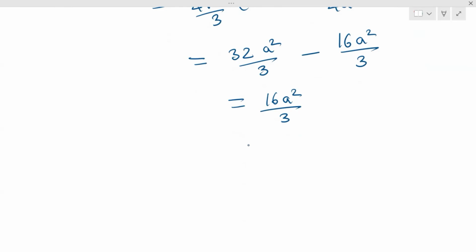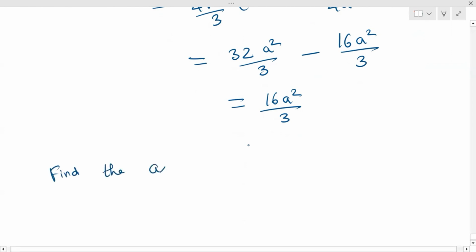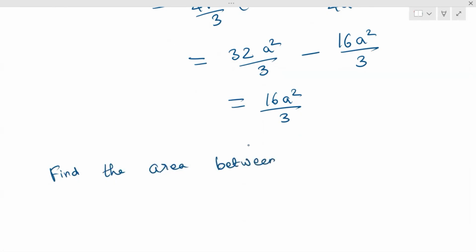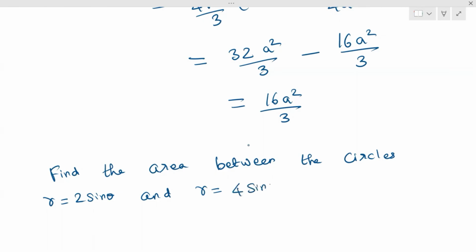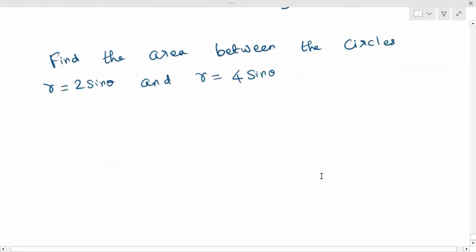So now we do the problem using polar coordinates. Find the area between the circles r equal to 2 sin theta and r equal to 4 sin theta. Okay.